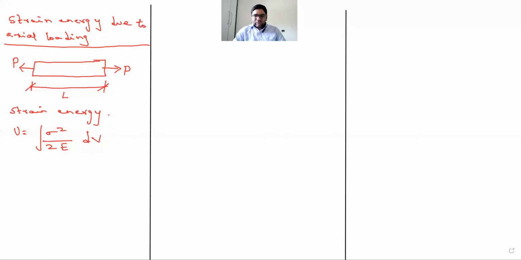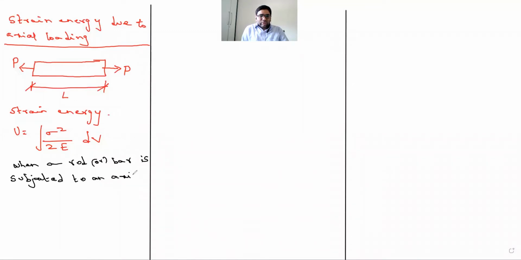Okay. Now let us try to see this. When a rod or a bar, both terms are the same, is subjected to an axial load, this is an axial load itself, right?